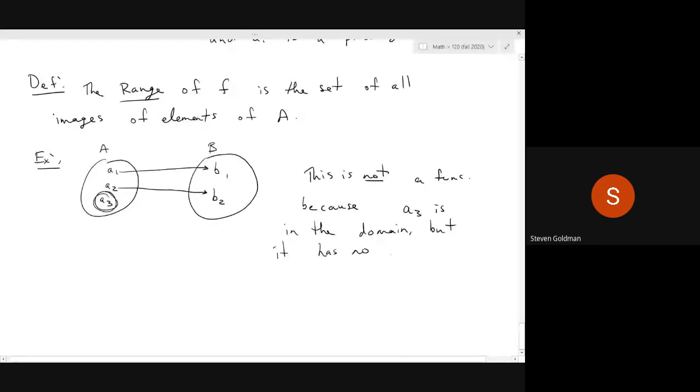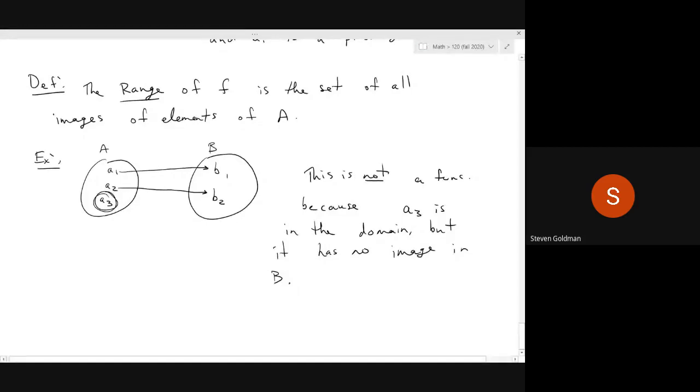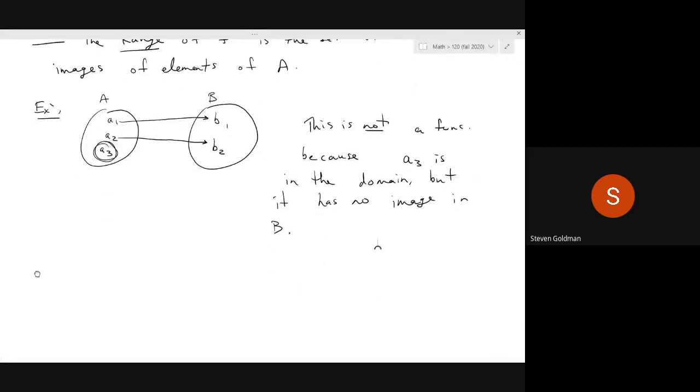No, it has no image in B. So if something is a function, I cannot have elements in my domain that do not have images. For this to be a function, A3 would have to not be in the domain. All right. Next example.